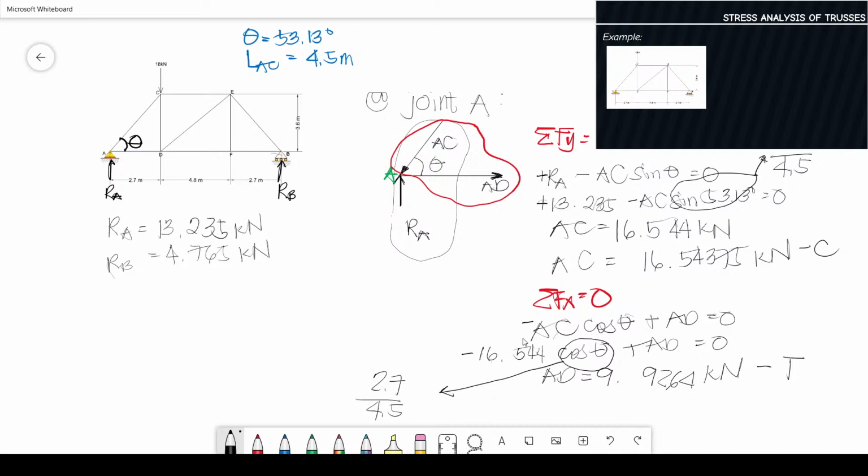So in this presentation, I just give you two possible ways in solving these stresses, okay? So this one, so if you're using the hypotenuse, our AD is 9.92625 kilonewton.